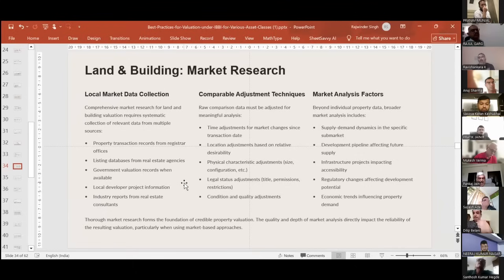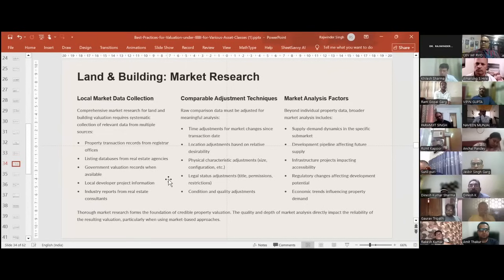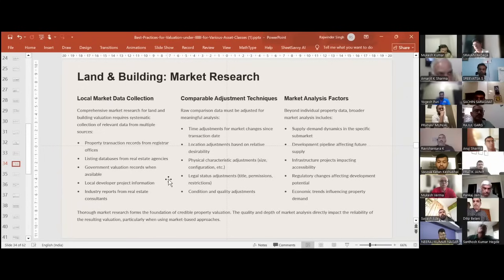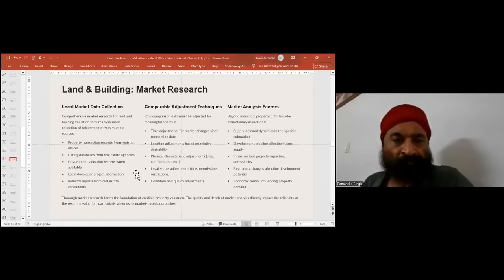So in land and building, how can you do the market research? First thing is you can collect the data required from the local market. Comprehensive market research for land and building valuation requires systematic collection of relevant data from multiple sources.